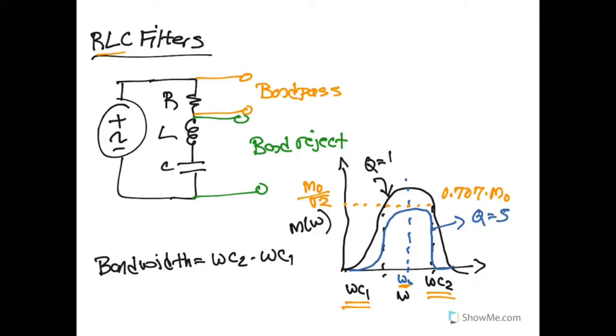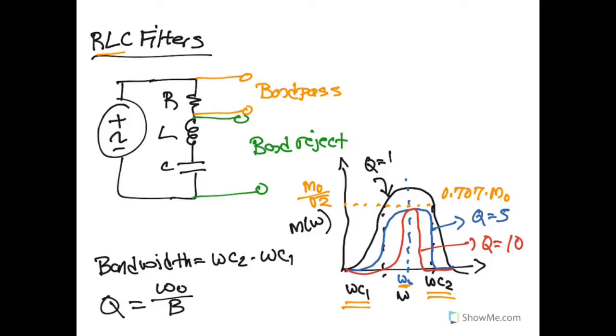Again, we analyze our circuit and maybe we want an even tighter bandwidth, and so we end up with something like this, and that might have a quality of 10. The quality of a filter has to do with the relationship between the center frequency of the filter and the bandwidth. The tighter the bandwidth, the higher the quality of the filter.